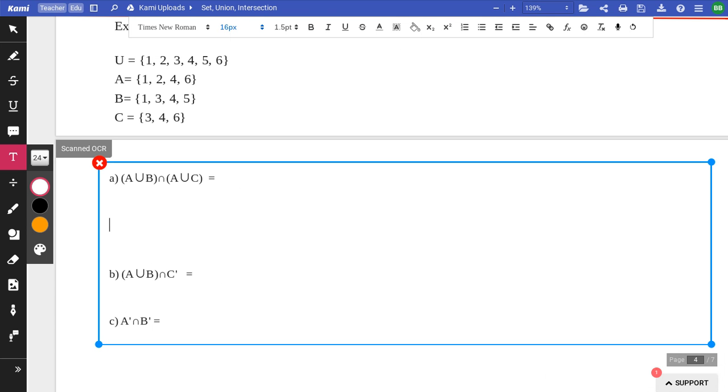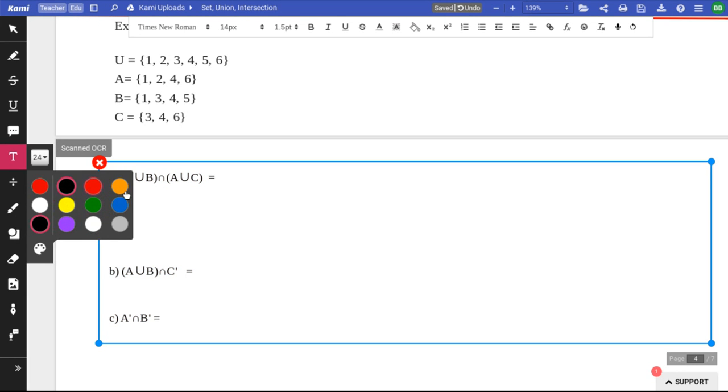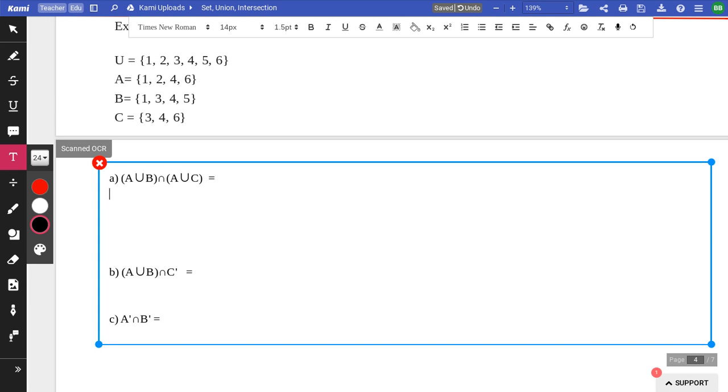Okay, so here we're going to work this out step by step. So first we have A or B. So what's in A or B?